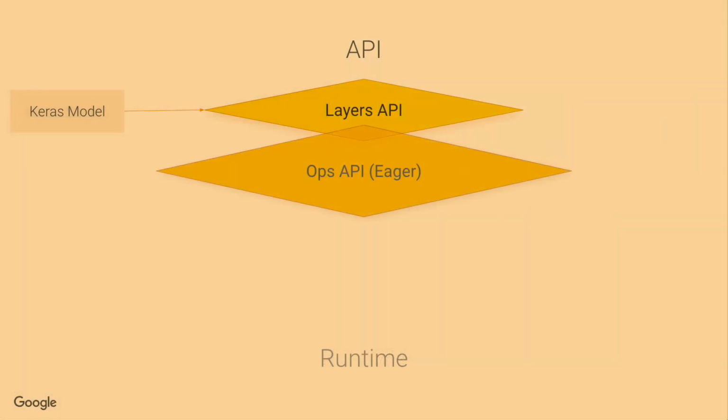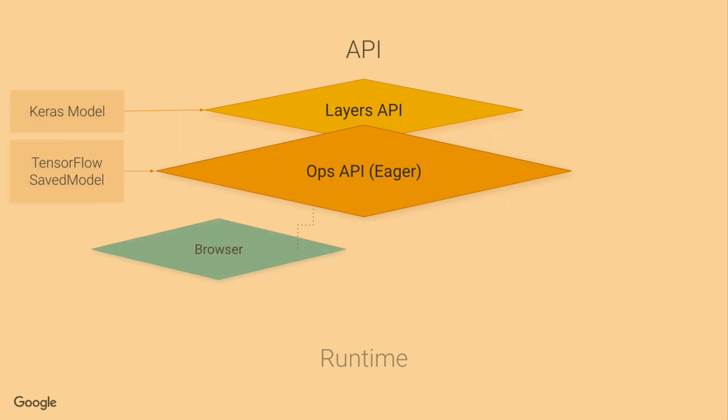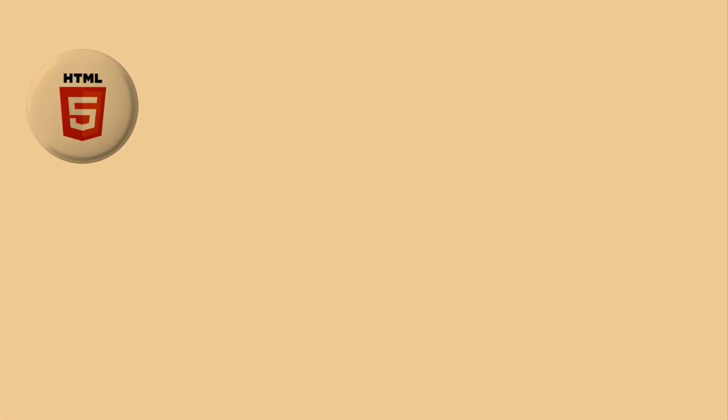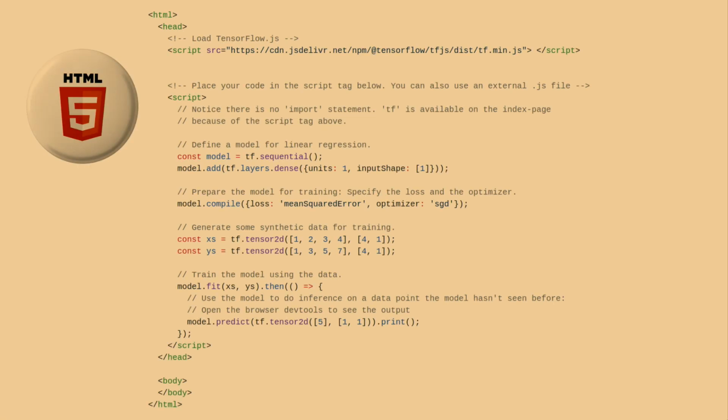So finally, let's see the APIs. TensorFlow.js has the same layers API, the same ops API, and under the hood, it uses the browser with WebGL for GPU, and it will also have Node.js with the CPU binding. Basically, this is the HTML file example.